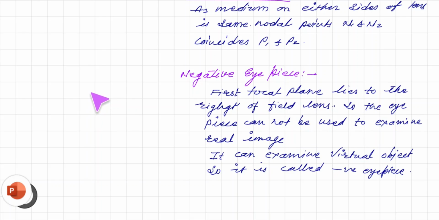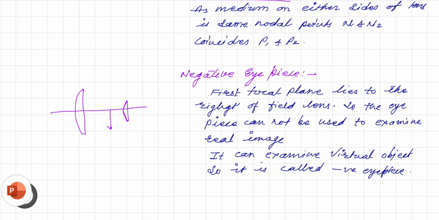We already saw that here this is the field lens, this is the eye lens, and the image which was being observed was a virtual image of an object, between the first lens and the second lens. So the eyepiece cannot be used to examine a real image to the left of the field lens. It can examine only a virtual object, so it is called a negative eyepiece.